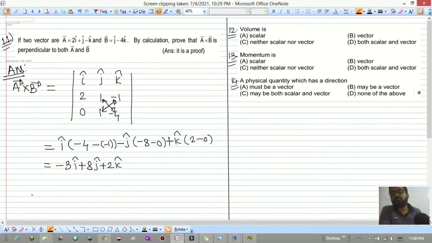Now we want to check that A bar cross B bar is perpendicular to both A bar and B bar. So if you take the dot product now with A bar or with B bar, it has to be 0.